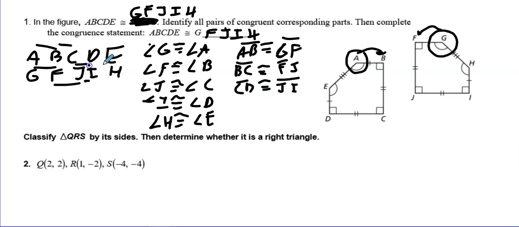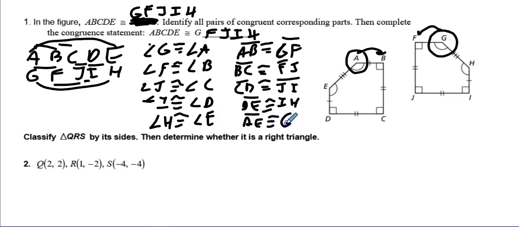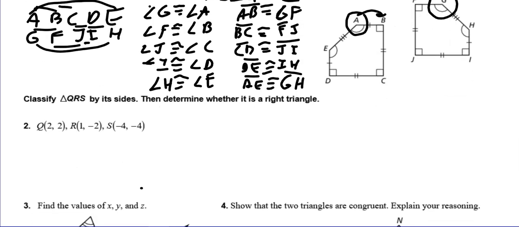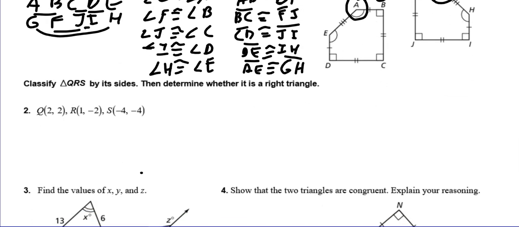And then DE would be IH. And then for the last one, we just got to wrap around, and you can either do E to A or A to E and G to H. Okay? So real simple if you just follow that little pattern. Everything matches up.